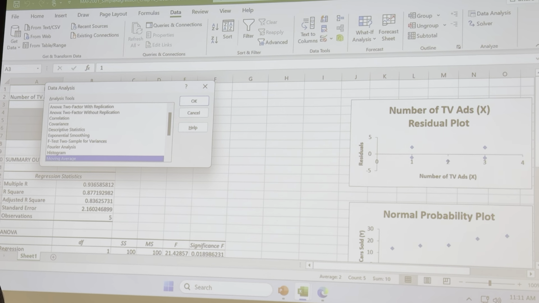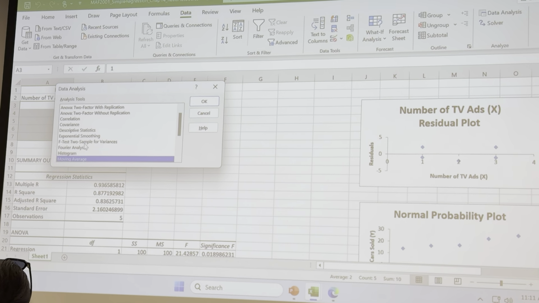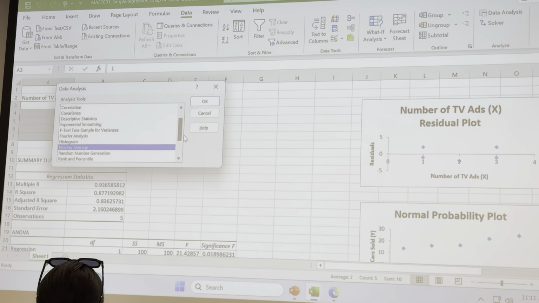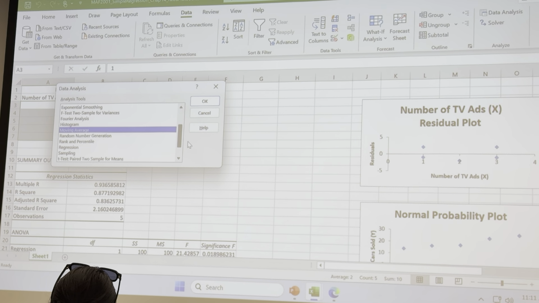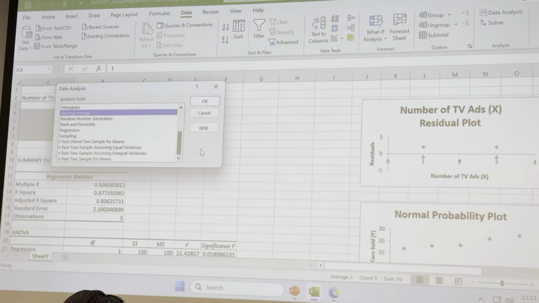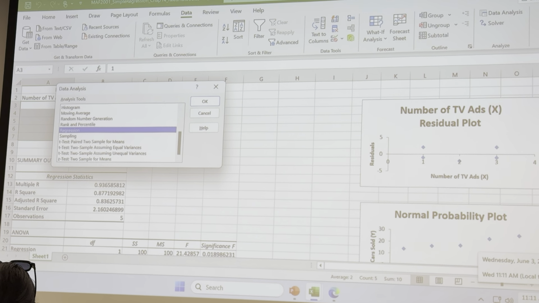Over here you have so many different things you can do: analysis of variance, correlation, covariance, descriptive statistics, exponential smoothing, moving averages, regression, all these things. Our interest is regression. Are you following me? Okay, our interest is regression.